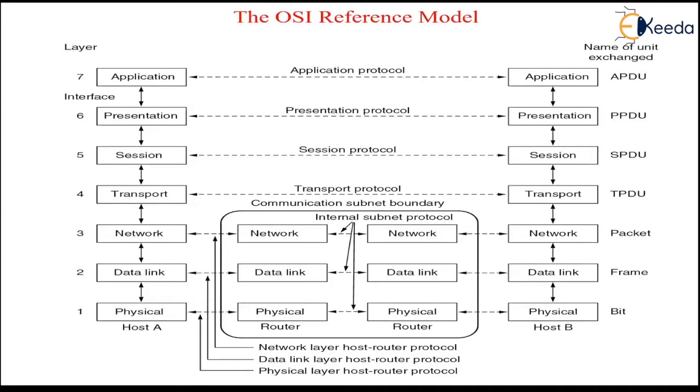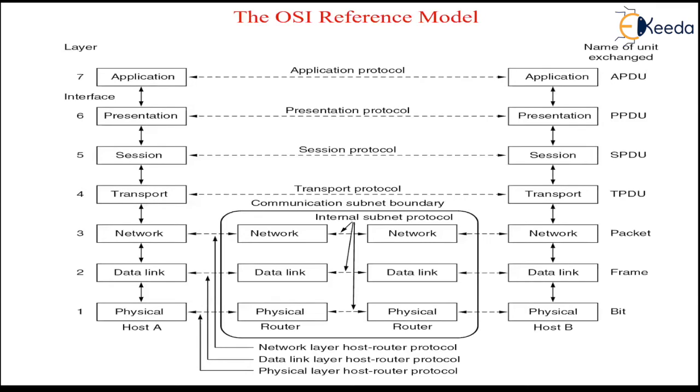Next example is file transfer, access, and management. The application allows a user to access files in a remote host. It also allows retrieving files from the remote computer for use in the local computer. And also, it allows managing or controlling files in a remote computer locally.